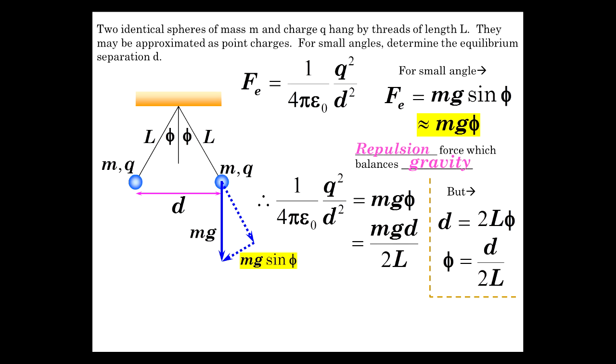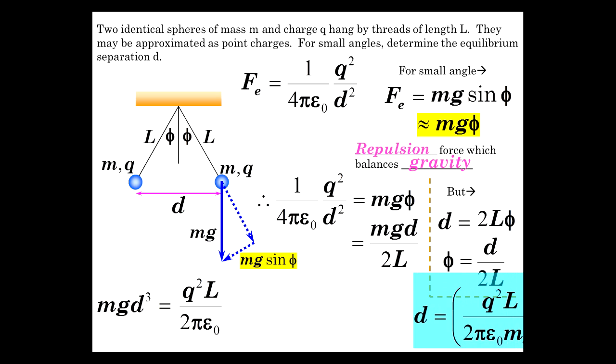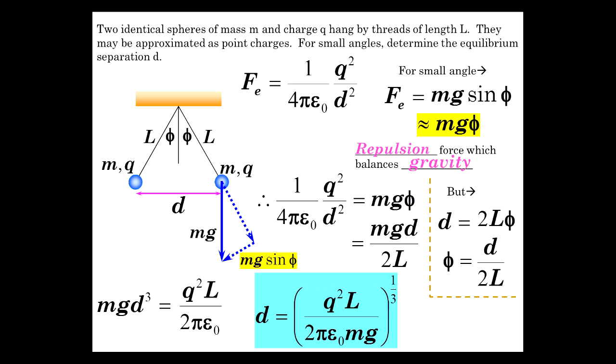Now we can take the d squared and bring it up over here to mgd, getting mg d to the third power, which is q squared L over 2 pi epsilon 0. So the distance is the cube root of q squared L over 2 pi epsilon 0 mg. And that should have been very satisfying.